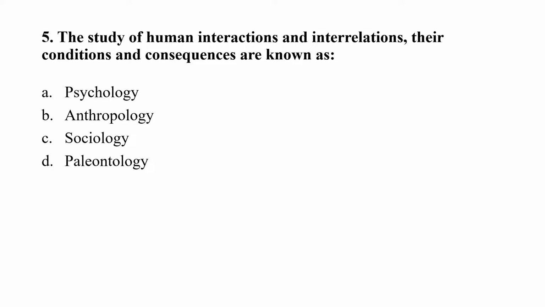Question number 5. The study of human interactions and interrelations, their conditions and consequences are known as: option A, psychology; option B, anthropology; option C, sociology; option D, paleontology. Psychology is the scientific study of mind and behavior.